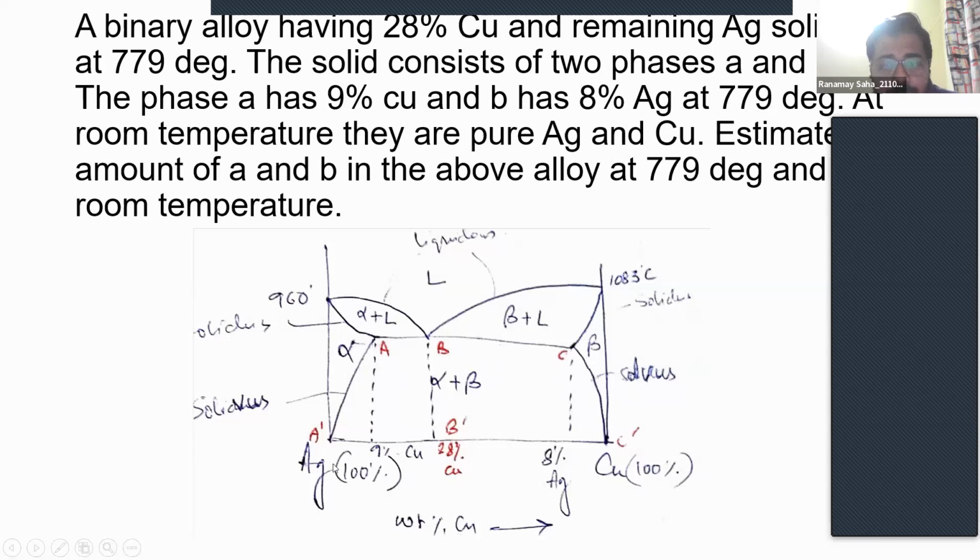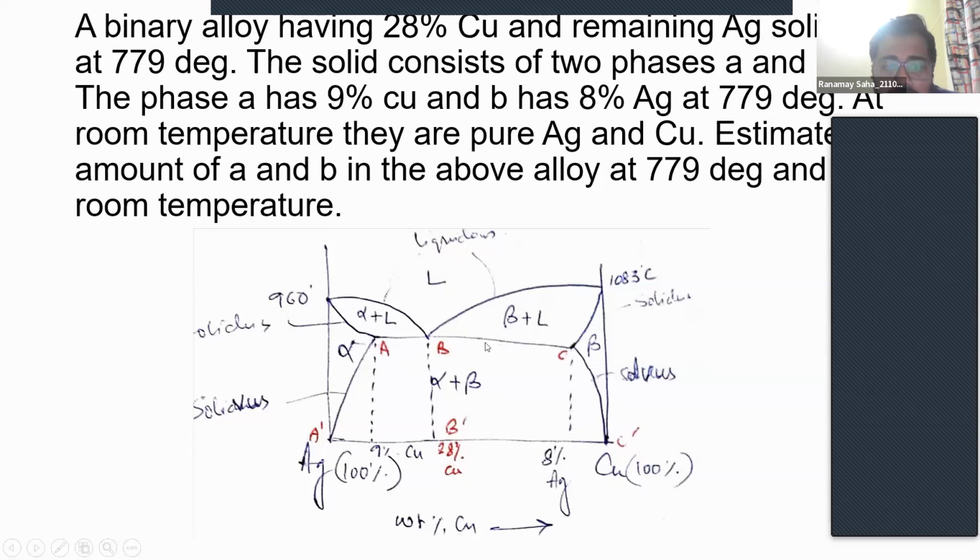Here silver is 100% and it starts reducing while copper percentage starts increasing, and copper becomes 100% at this line. This is similar to the iron carbon diagram you have seen, where carbon percentage increases; here copper percentage increases. Now at 779 degrees, the alpha phase contains 9% copper and the beta phase contains 8% silver, I mean 92% copper.